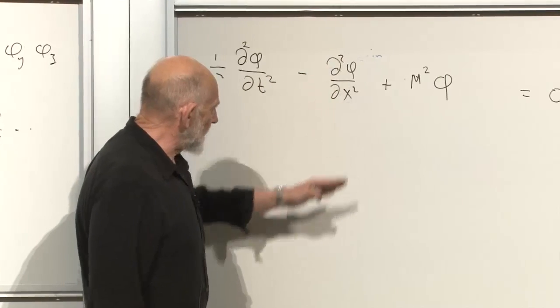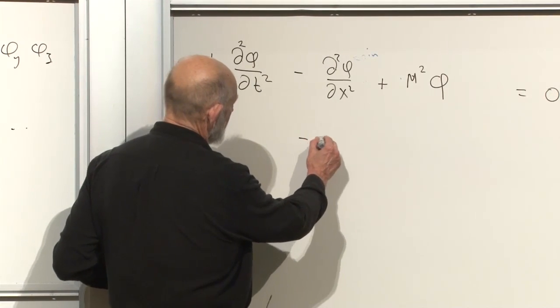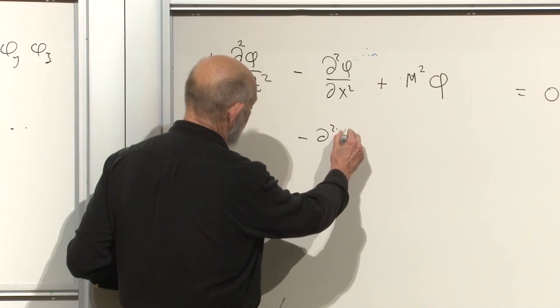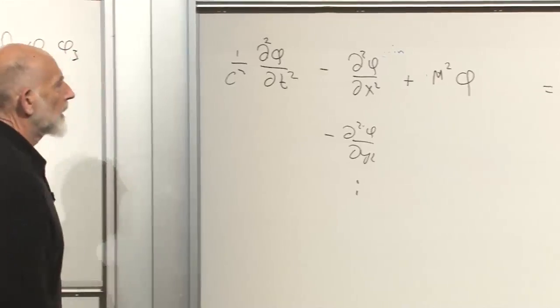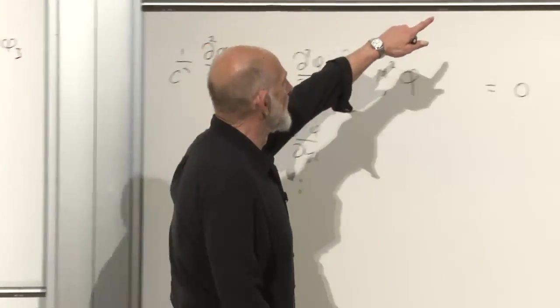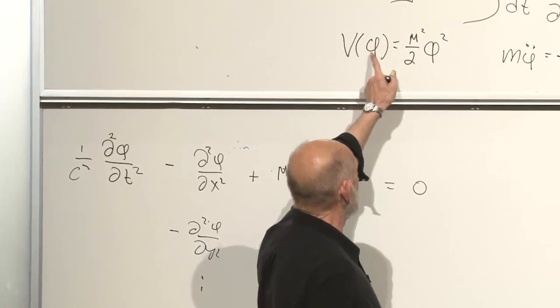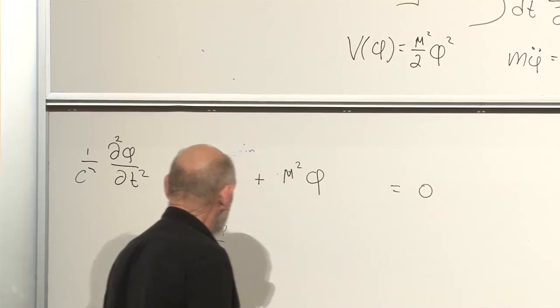And of course, when I wrote d second phi by dx squared here, you might have imagined that there were other terms, d second phi by dy squared, and so forth. Why did you drop the half there? Because the derivative gets another factor of 2.